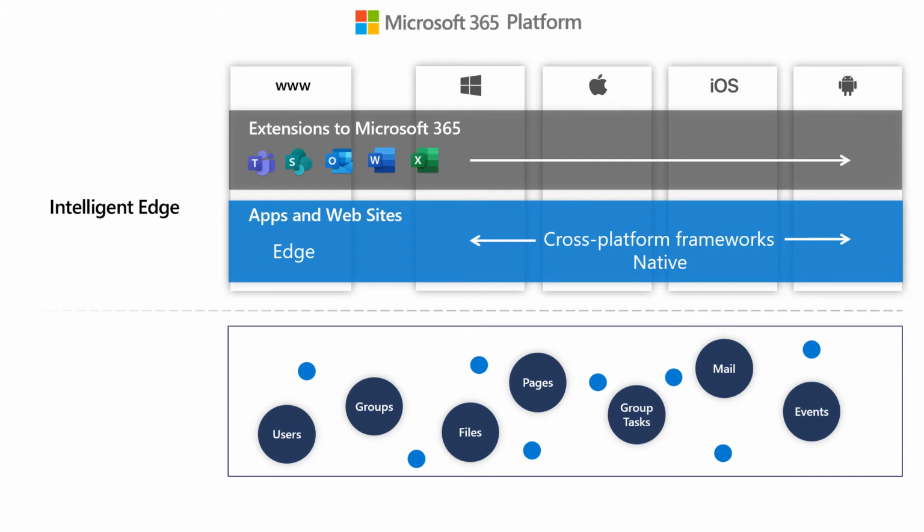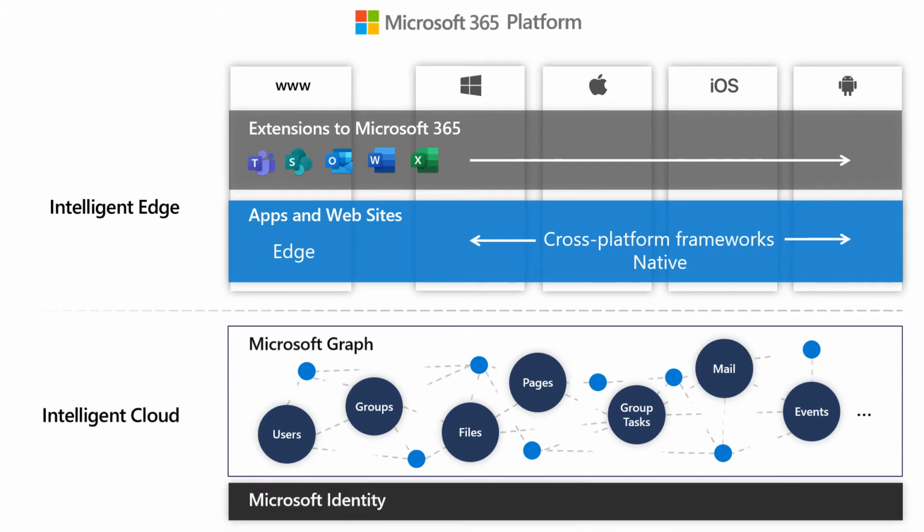And the intelligent cloud is the information stored inside Microsoft 365, underpinned by the identity platform, and exposes a very well organized REST API that we call the Microsoft Graph. It's a graph because it's not just table data, it's much richer than that.